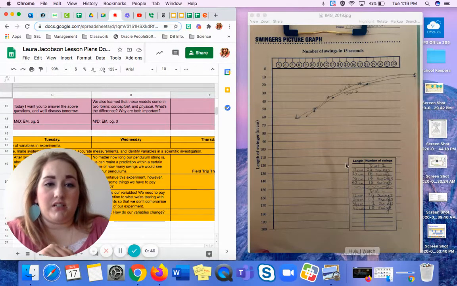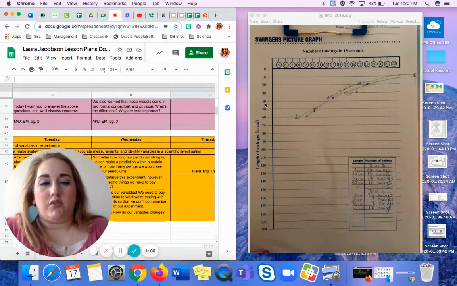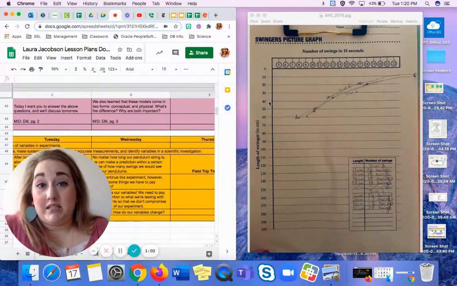So first, let's look at, I think I gave you a length of 40 centimeters. So if our string length is 40 centimeters, again, we're looking over here on this side. Let's follow it down to 40 centimeters. We didn't test at 40 centimeters.